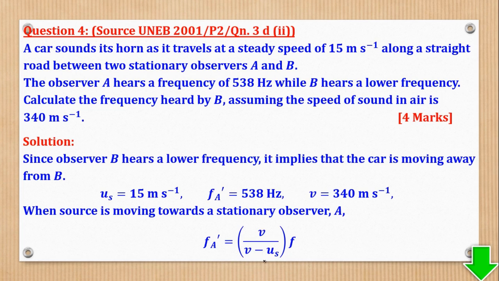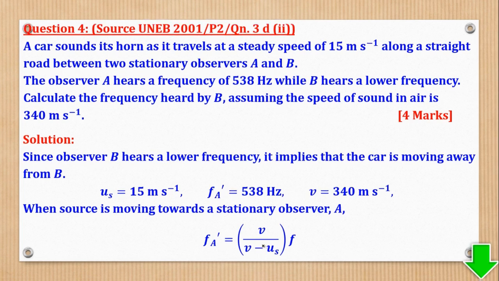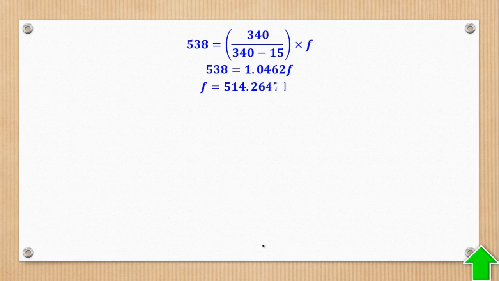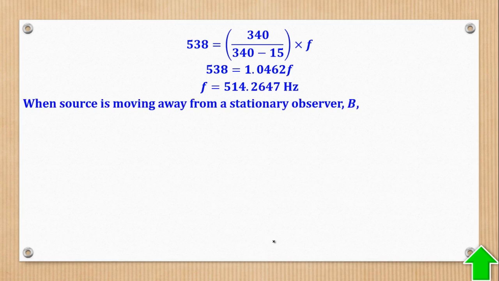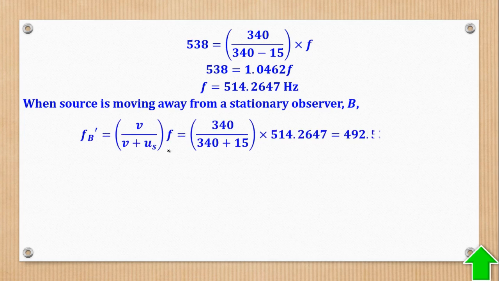So I'll come and substitute for Fa, for V, and for Us. When I do that, I'll be able to make F the subject, and that will be the value of F. So now that I know the value of F, I'll come and deal with observer B. When the source is moving away from a stationary observer B, then F prime will be given by this formula, substitute, and get the output.